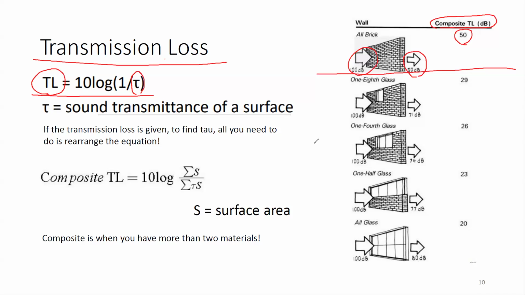Does it make sense? Now, if we add a tiny window, you can see that this number drops significantly. It goes to 11 less compared to what you had when it was the whole wall. So you get 71 out of it. As you see this window increases, it's 74, 77, and 80.